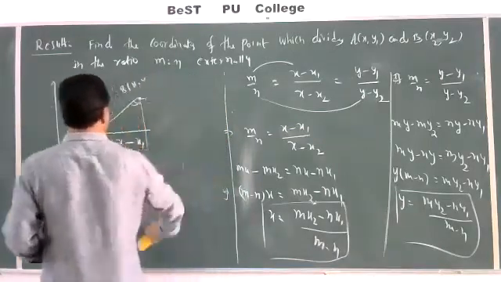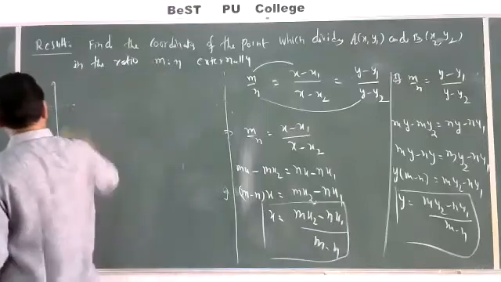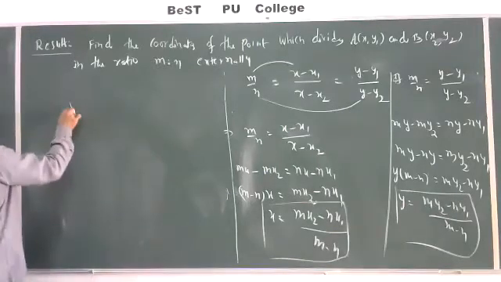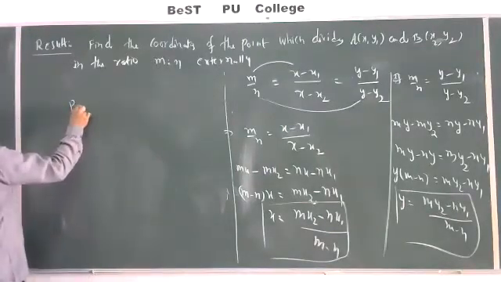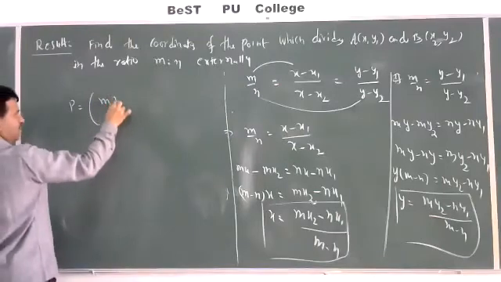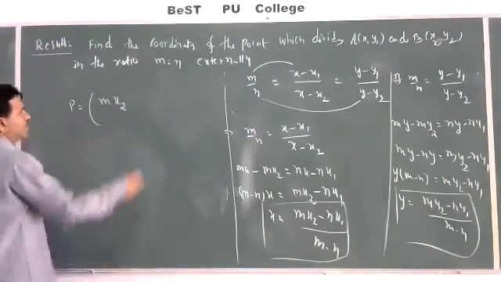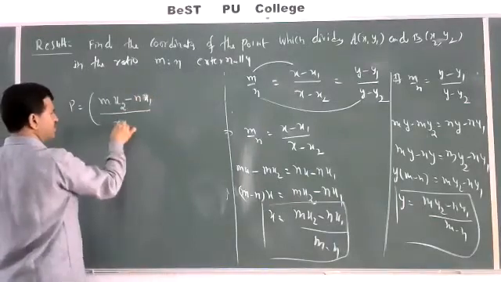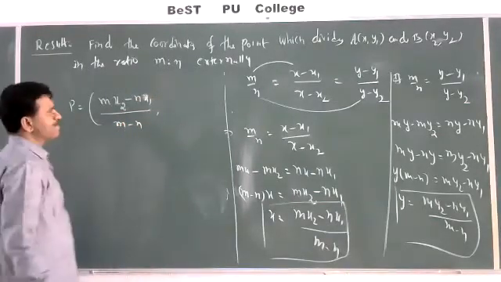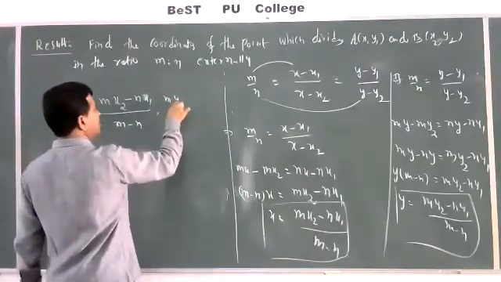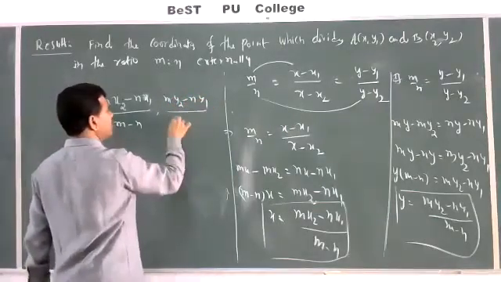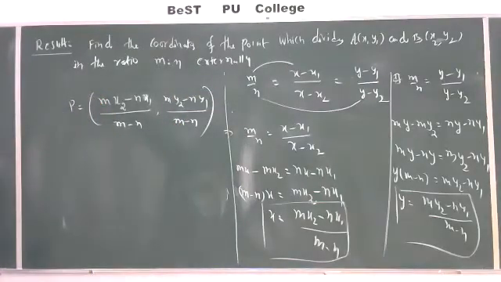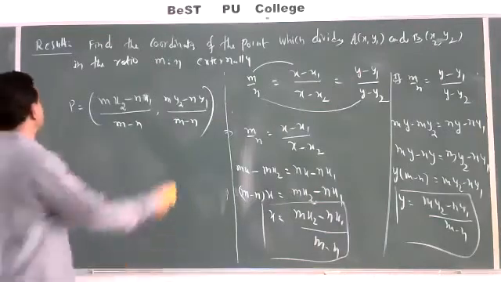The coordinates of the P is equal to mx2 minus nx1 by m minus n, comma, my2 minus ny1 by m minus n. So external division and internal division completed.